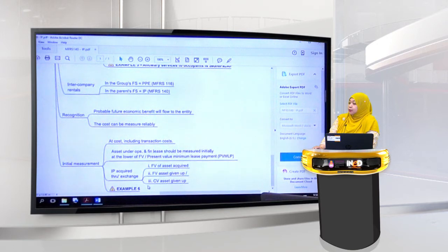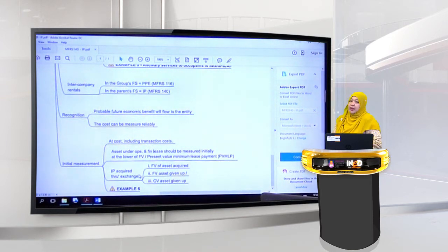Let's say we acquire the investment property through exchange, right? Meaning that we acquire investment property by giving up another type of asset. Okay, so how do we measure the investment property? First, we have to rely on the fair value of the asset acquired.